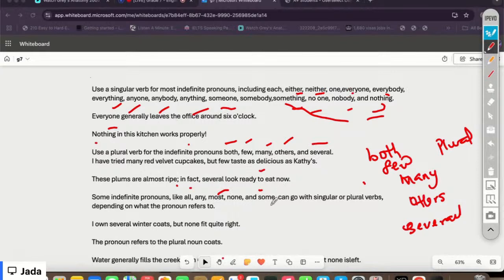Some indefinite pronouns like all, any, most, none, and some can go with a singular or plural verb, depending on what the pronoun refers to.